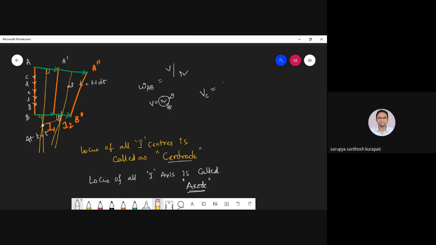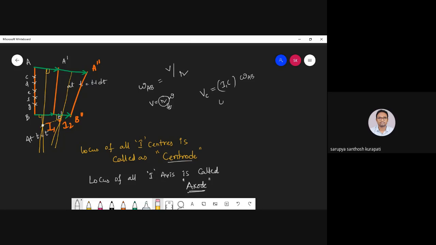So the distance between I1 to C. From here I1 to C, whatever distance you get, you need to consider that distance into omega of AB or whatever may be, because the angular velocity of that link, you may take CB or DE, is one and the same.